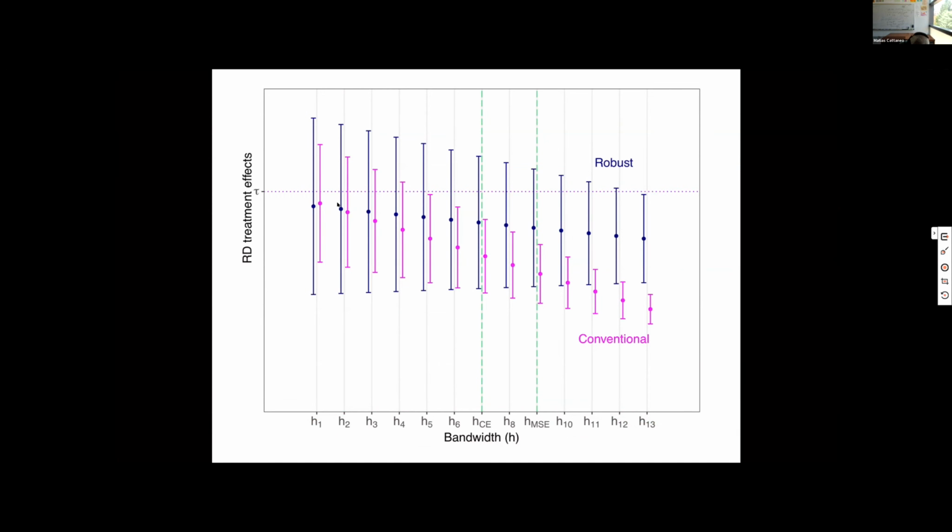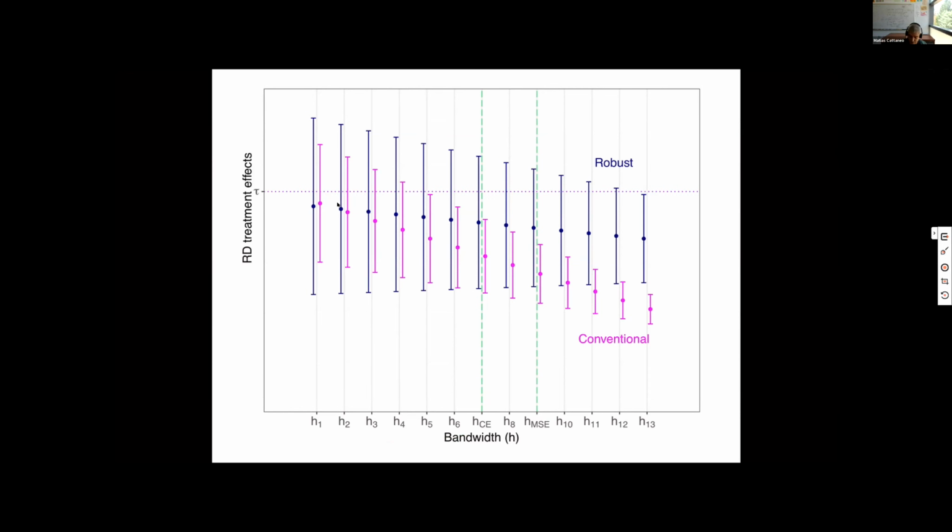If you go to the left of the mean square error, something that is called undersmoothing, then you can mitigate this problem. So you reduce the bandwidth relative to the mean square error, and eventually, if you reduce it enough, you might be able to regain the nominal levels postulated in large samples. Of course, that implies a loss of power.